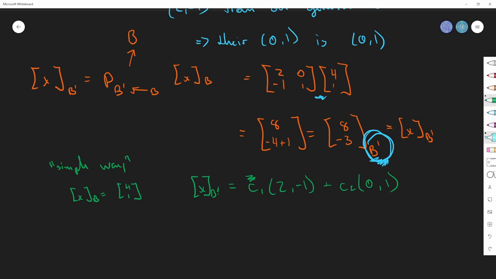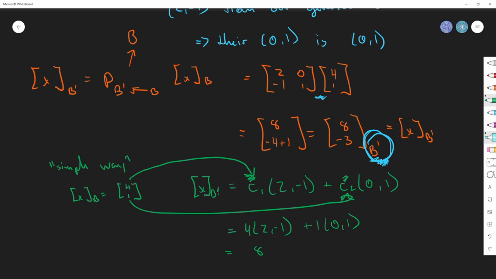And we know these constants are the 4 and 1. We just substitute that in: 4 times (2, -1), plus 1 times (0, 1). Put them together, we get (8, -4) plus (0, 1), and then we get (8, -3) again.